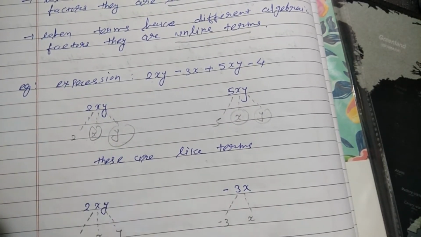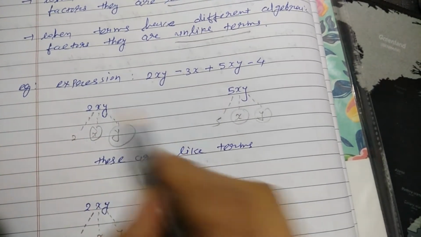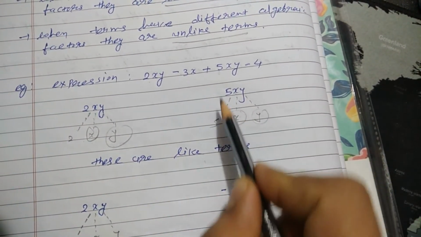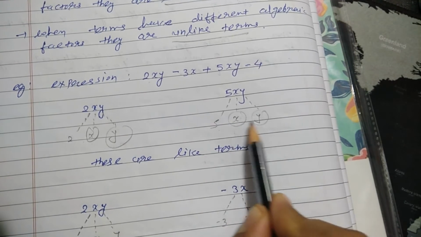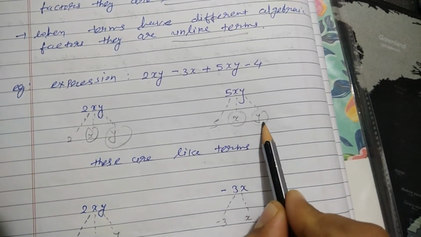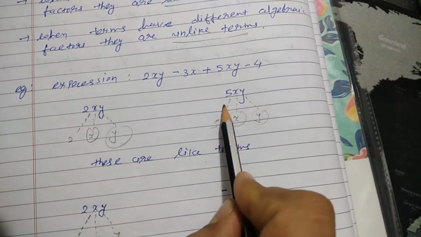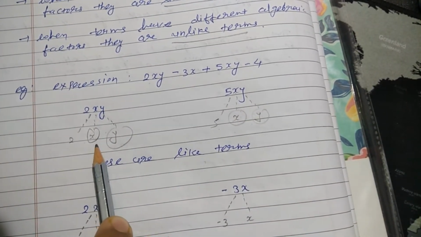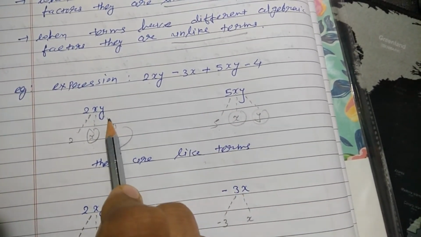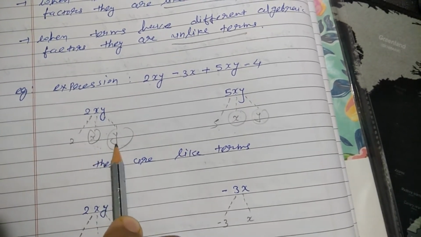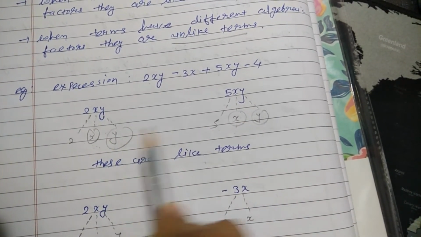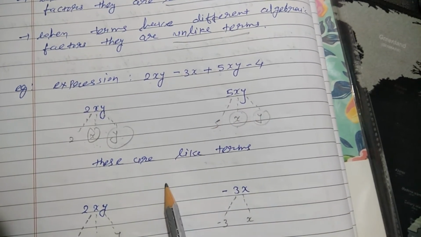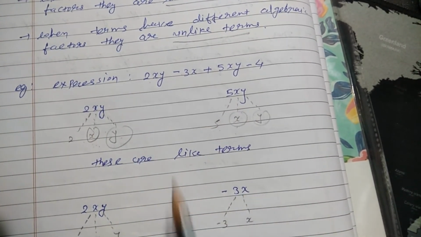These variables x and y are the algebraic factors of 2xy. Similarly in 5xy, the factors are 5, x and y, and out of these 3, x and y are the algebraic factors. When we compare these two terms, they have the same algebraic factors, here x and y and here also x and y. That means these two terms have the same factors, that's why these two terms are like terms.